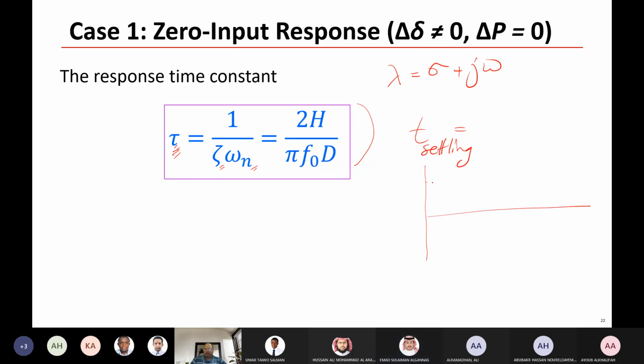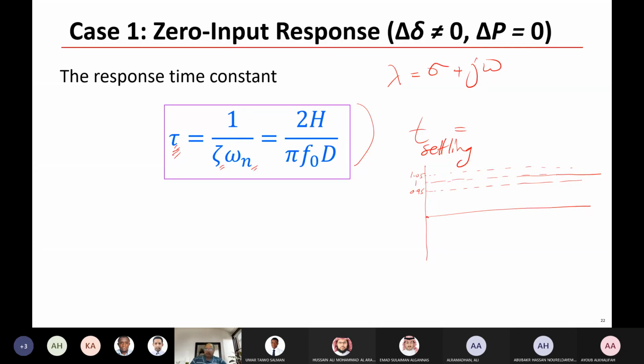Assume that this is the steady state value. You can take plus or minus 5%. This is 1, this is 0.95, this is 1.05. If the response comes to this region and stays there, then the time elapsed is the settling time.